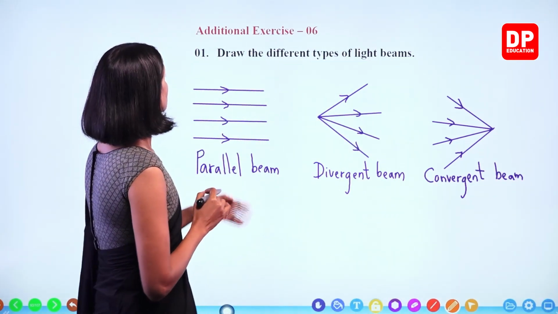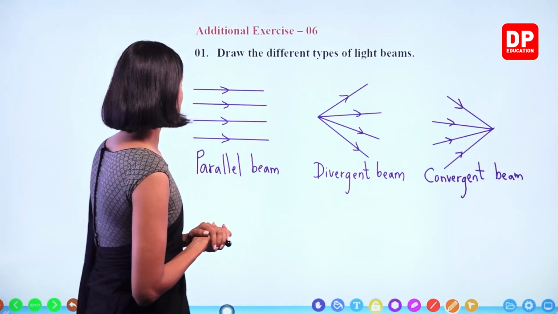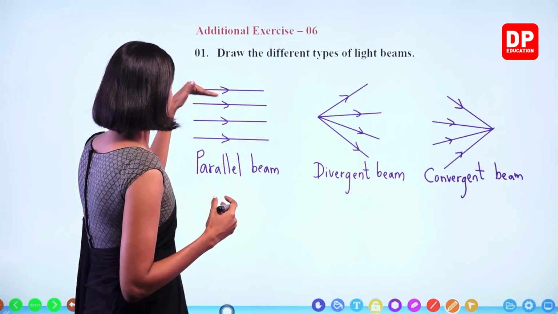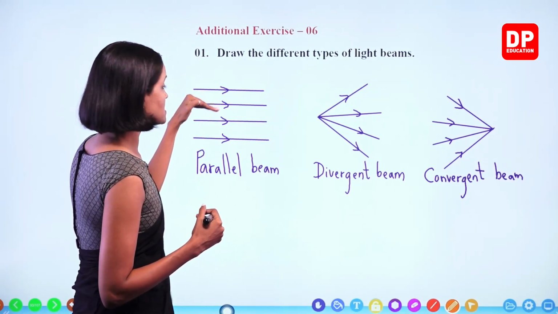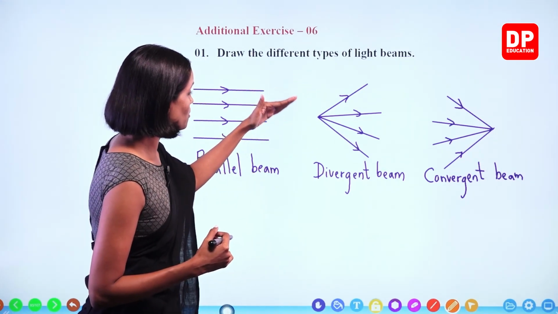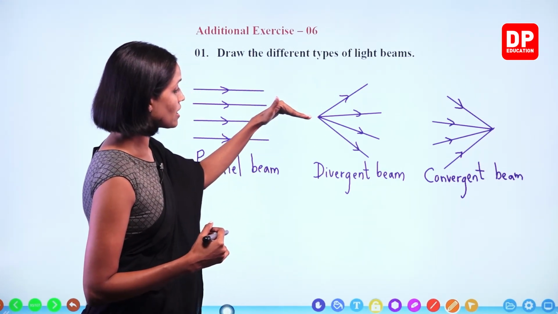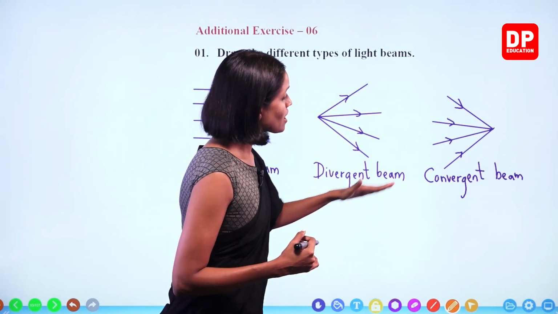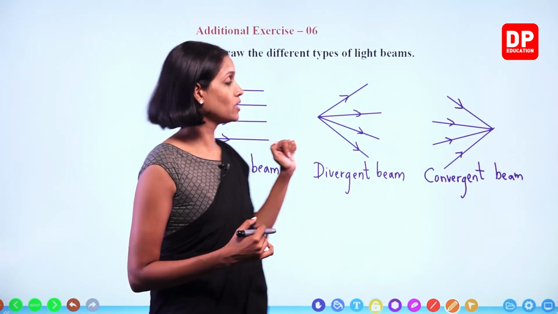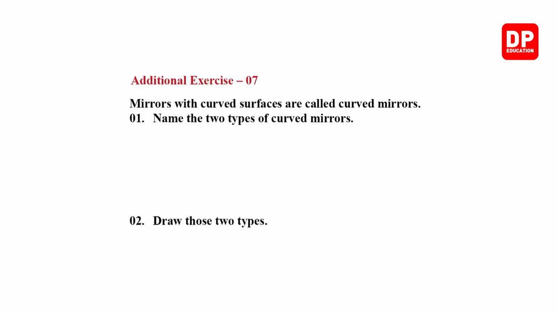Right, children? Draw the different types of light beams. A light beam is a collection of light rays. Here, parallel beam, light rays are parallel to each other. Divergent beam, light rays starting from the same point and they spread out. Convergent beam, coming from different directions, light rays collect at the same point.